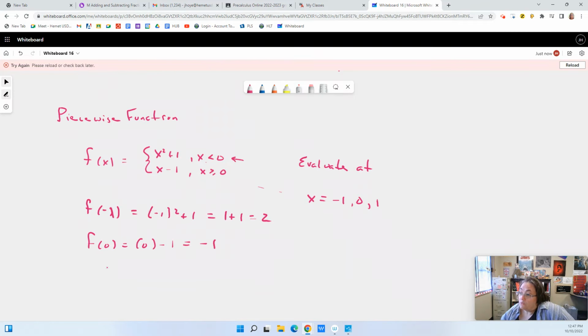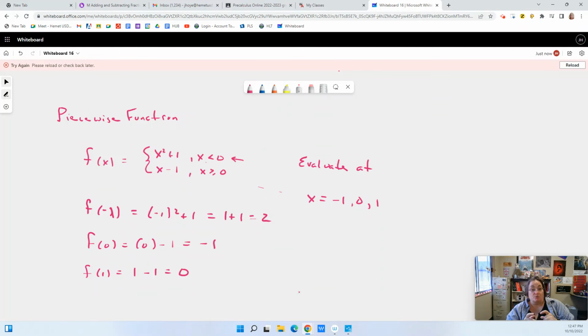At x equals 1, we take the bottom function again, because 1 is greater than 0. So we go 1 minus 1 equals 0.